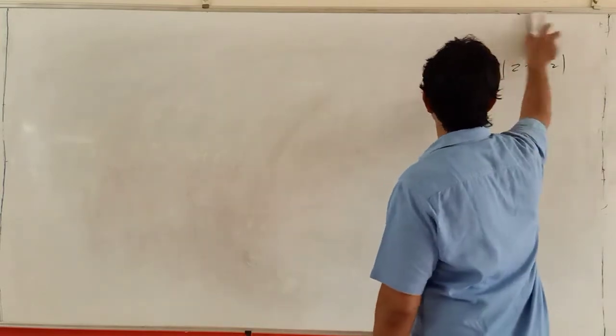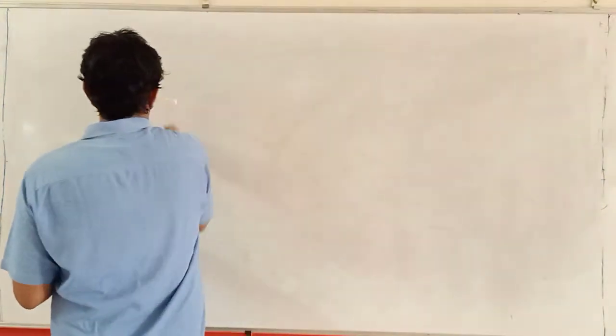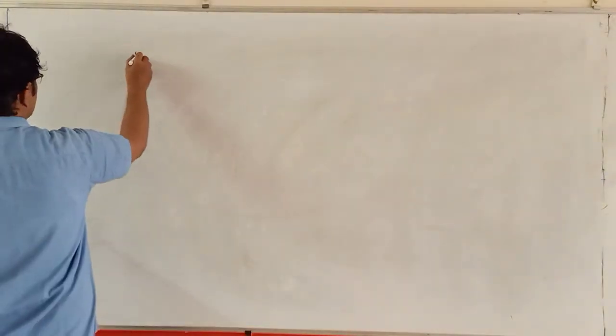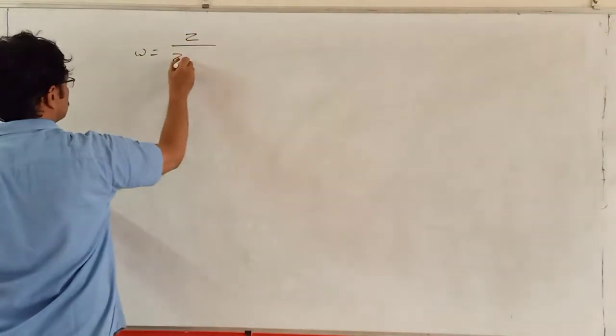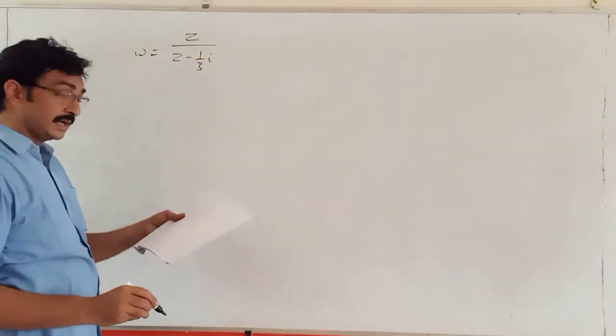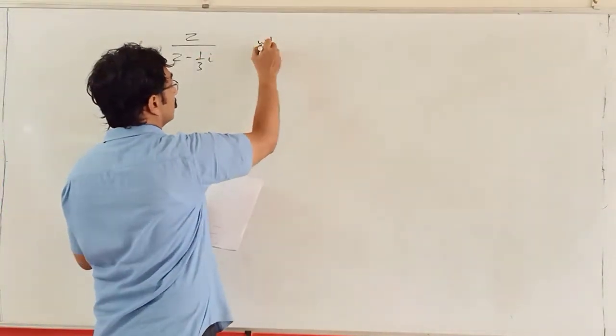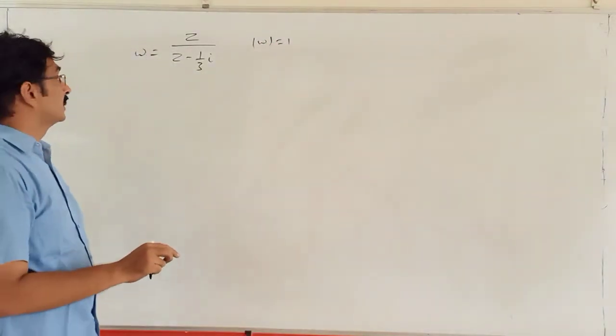See third one. Third one: if omega equal to z by (z minus 1 by 3i) and mod omega equal to 1, then locus of z is.